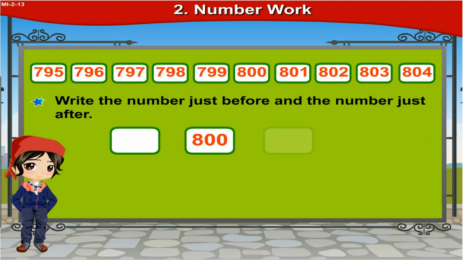Box 800 box. The number before 800 is 799. So we'll write 799 over here. The number after 800 is 801. So we'll write 801 over here.